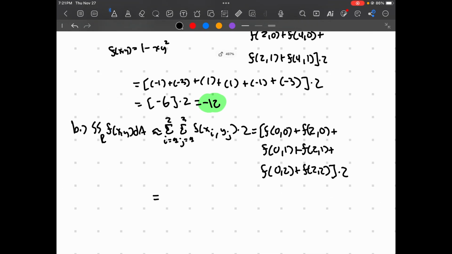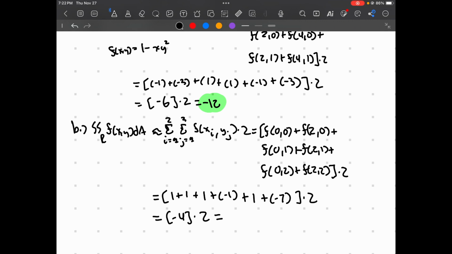And this is equal to 1 plus 1 plus 1 plus negative 1 plus 1 plus negative 7, all multiplied by 2, which gives us negative 4 times 2, which is equal to negative 8. And that is our answer for part B.